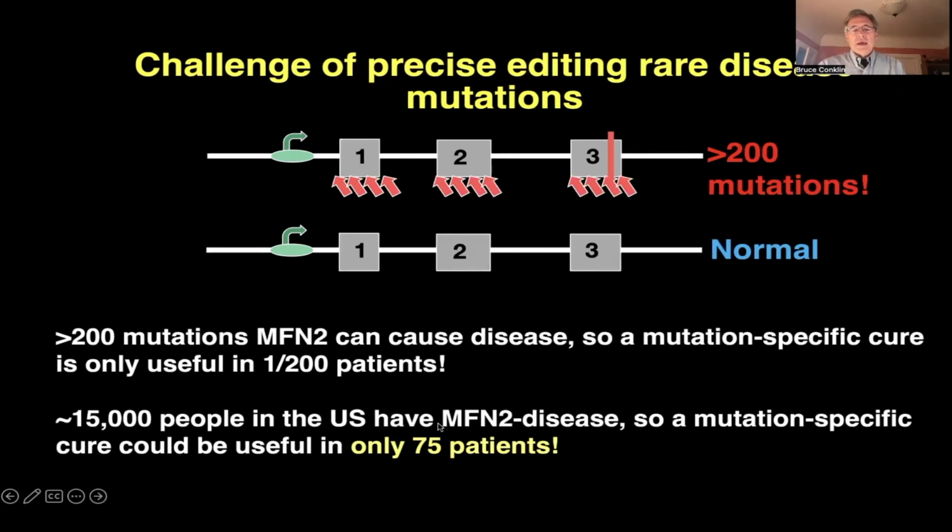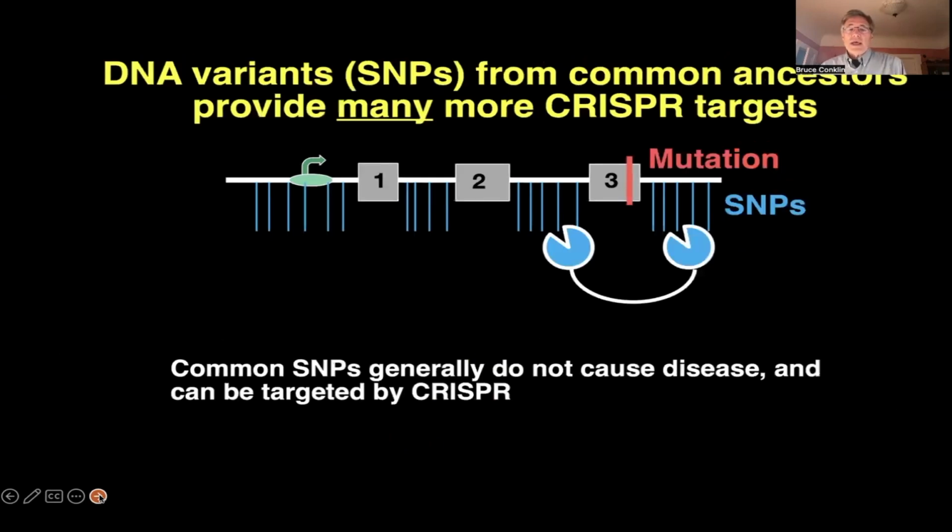mitofusin 2 related disease, a mutation-specific cure would only help 75 patients, which is a very, very low number for planning a treatment. However, fortunately, there are other ways of targeting one allele versus another. And as indicated here, there are actually these SNPs or polymorphisms that exist in the genome.